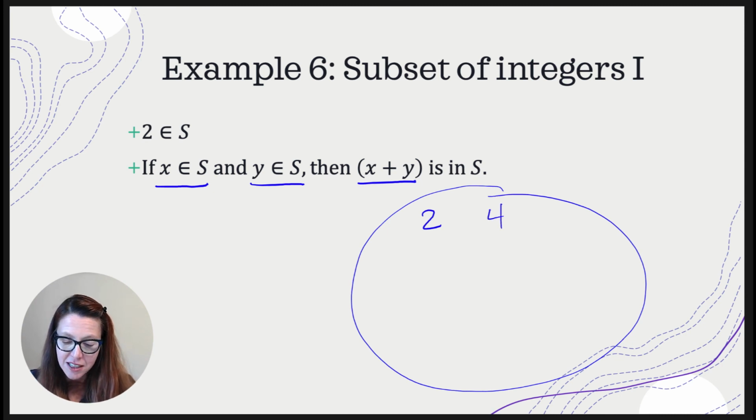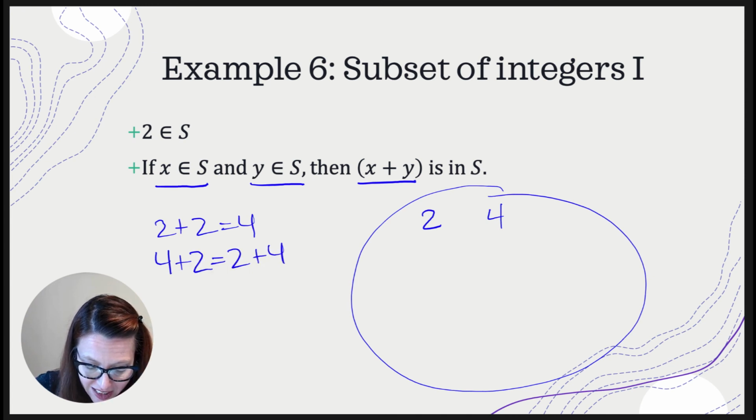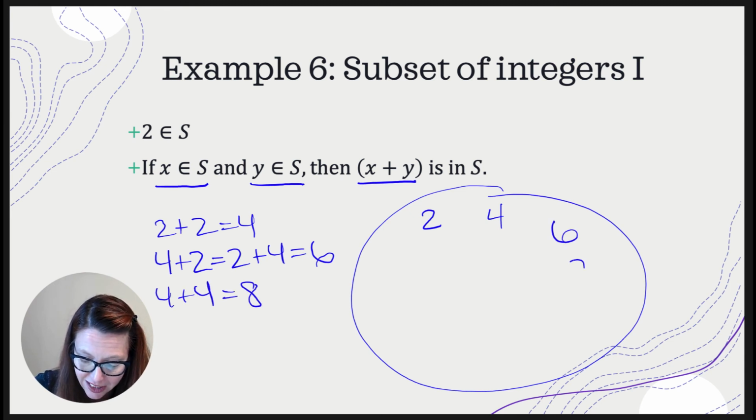And because now we see that 2 and 4 are in there, then 2 plus 2 is in there, 2 plus 4 is in there, 4 plus 2 is in there, and 4 plus 4 is in there. And 2 plus 2 is equal to 4, 4 plus 2 is equal to 2 plus 4 is equal to 6, 4 plus 4 is equal to 8, and so we end up with 2, 4, 6, 8.